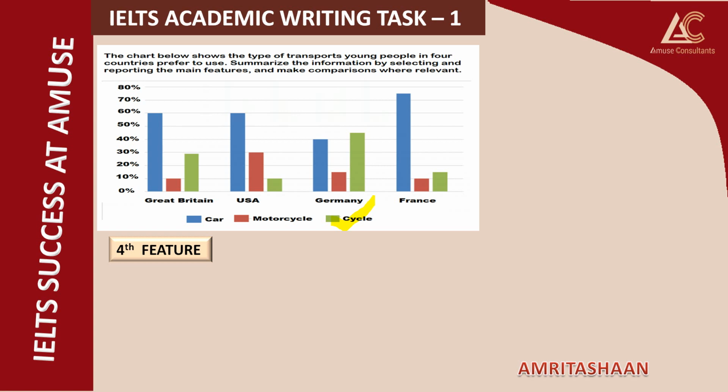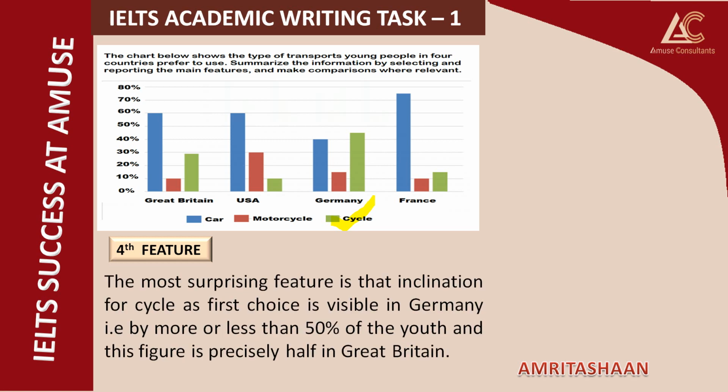I am having the same description for you with different wordings: the most surprising feature is that inclination for cycle as first choice is visible in Germany. You can say that it is an interesting or surprising feature because the Germans are showing their craze for it.